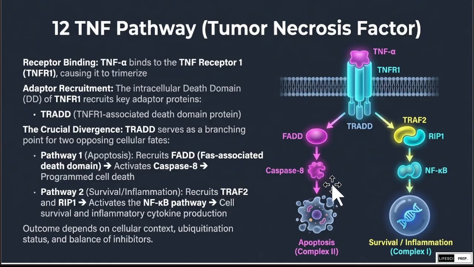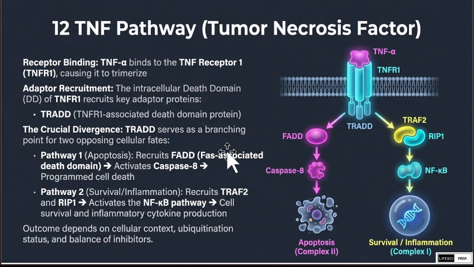Let's talk about the TNF pathway, that is tumor necrosis factor pathway. In the tumor necrosis pathway, TNF alpha binds to the TNF receptor, causing trimerization. Due to the trimerization, it recruits TRADD, that is TNFR1-associated death domain protein.